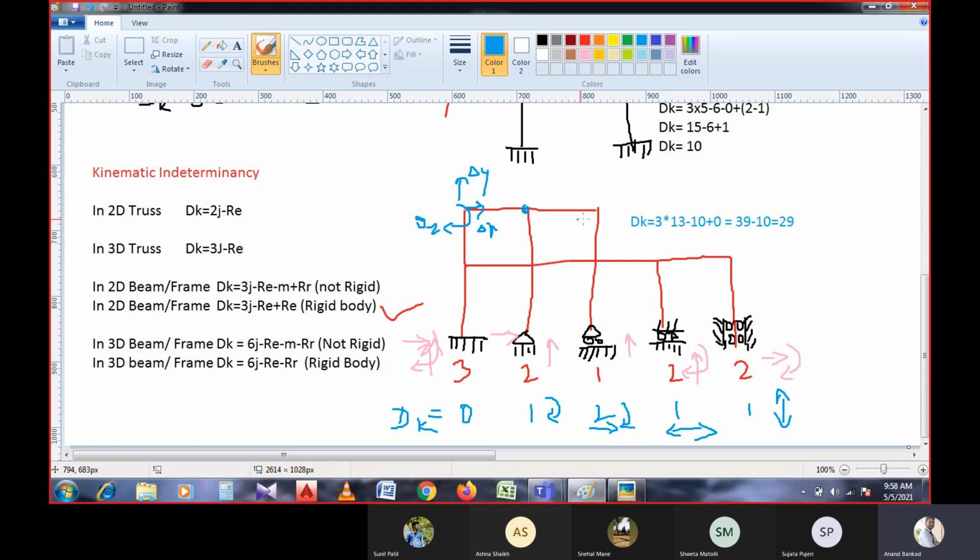Similarly in this joint also and in this joint also. So how many will we get here? 3 plus 3 plus 3. So there are 9 numbers. And at the same time, how many do we get in this floor? 1, 2, 3, 4, 5. So 5 into 3 times the reactions. So there are 15 numbers of reactions.